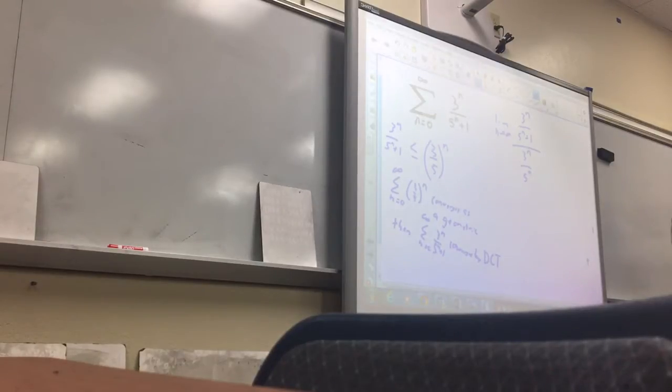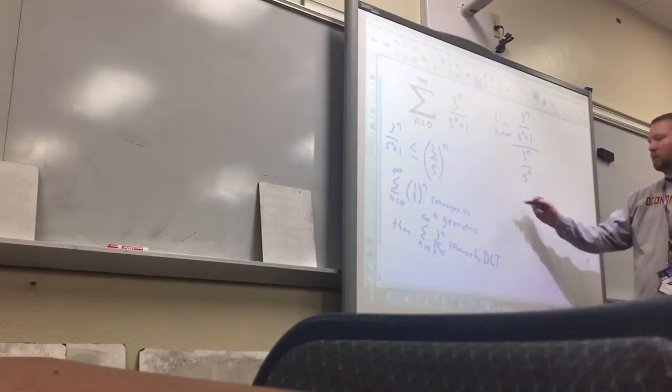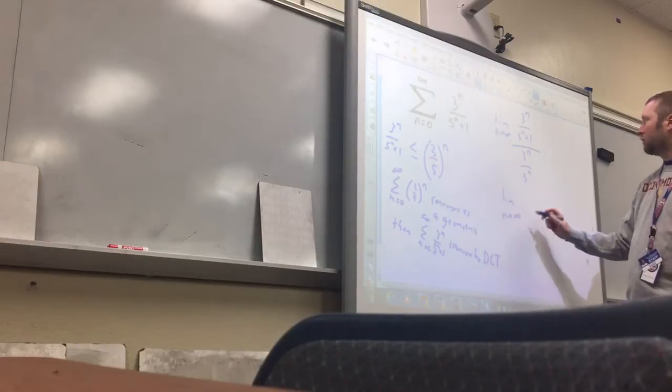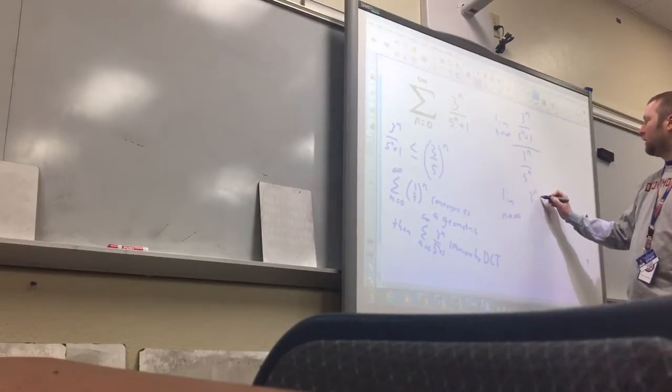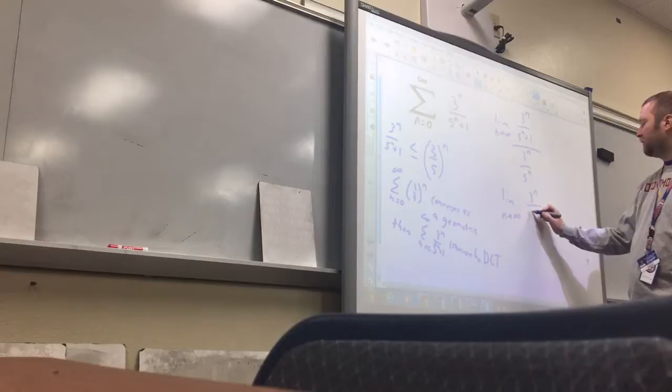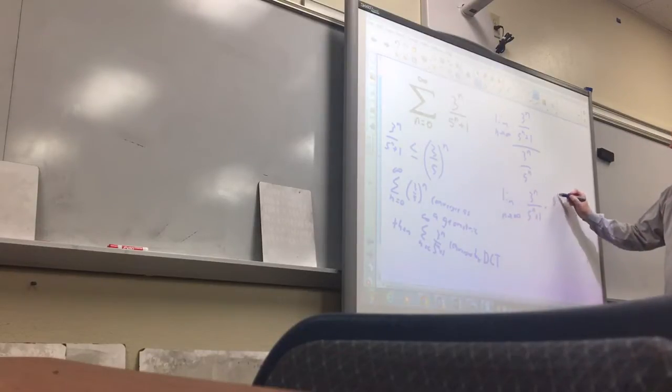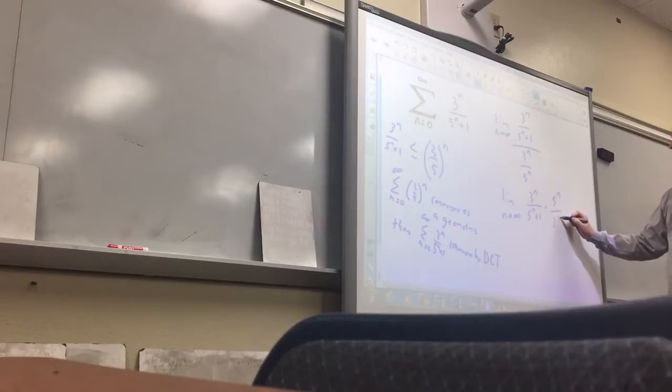So then this kicks up, and this looks really close. And so I get 3 to the n over 5 to the n plus 1 times 5 to the n over 3 to the n.